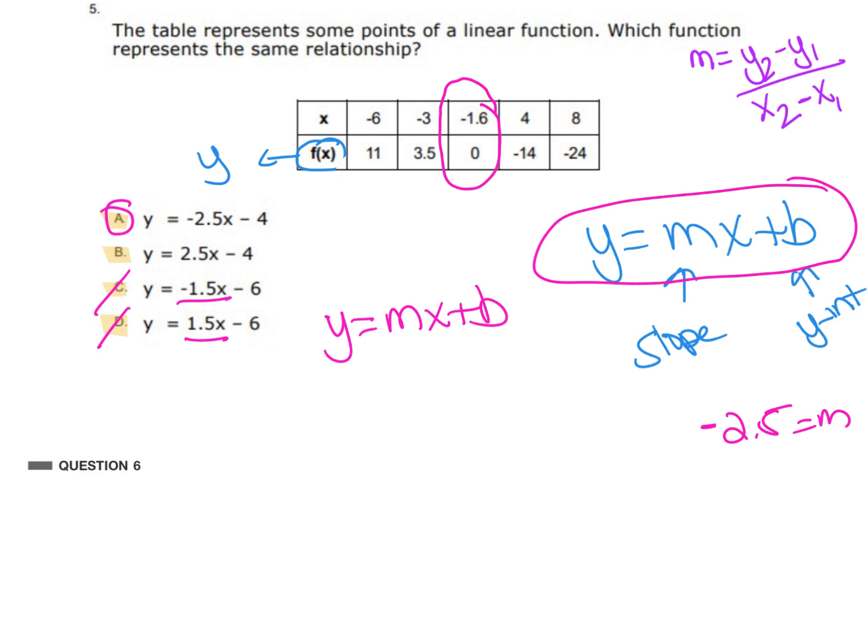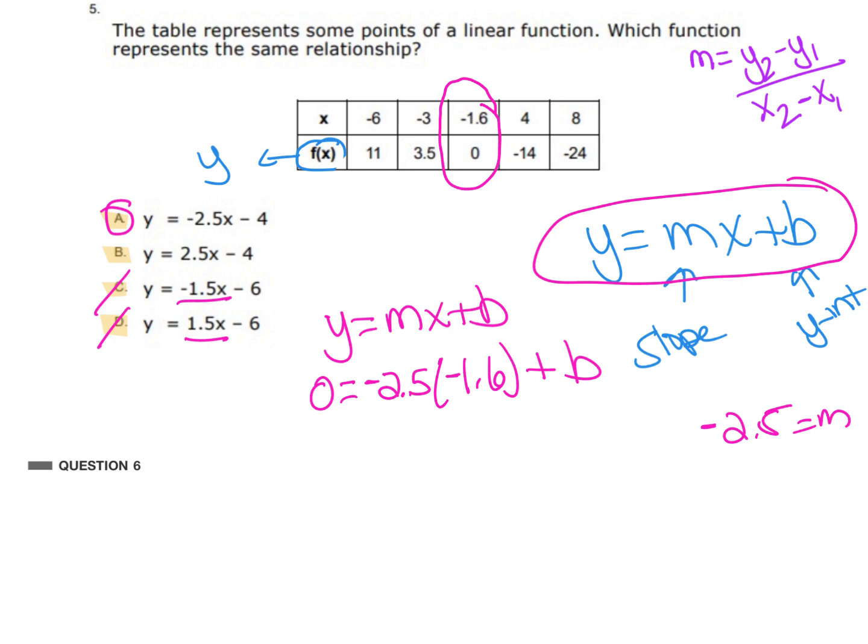So my y value is 0 equals my m, my slope, negative 2.5, times my x value, negative 1.6, plus my b.